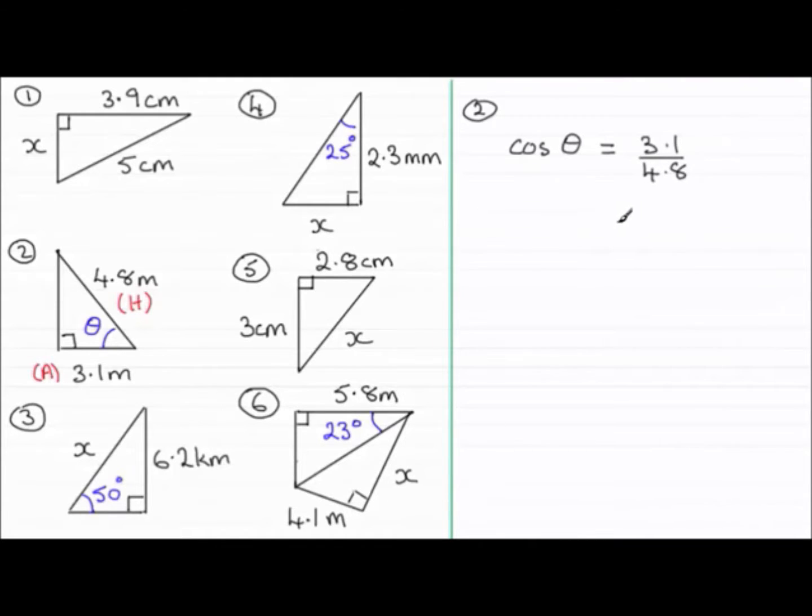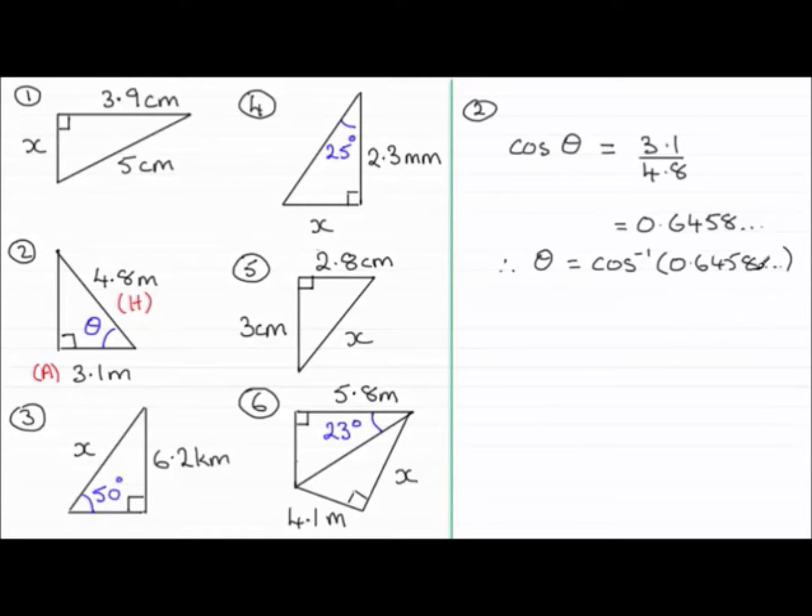And if you work this out on your calculator, you'll get 0.6458 and so on. And then we need to take the inverse cosine to both sides and we end up with theta equals the inverse cosine of that decimal, 0.6458 and so on.